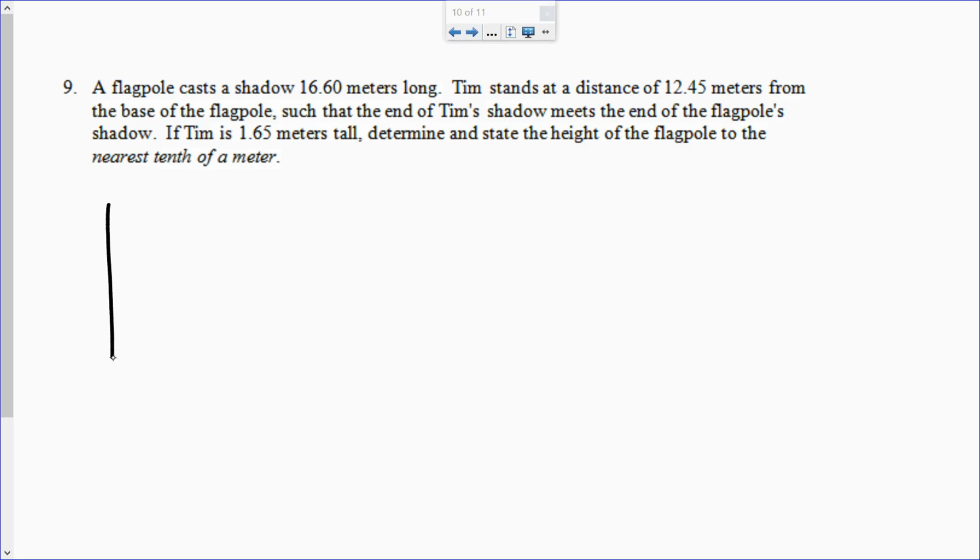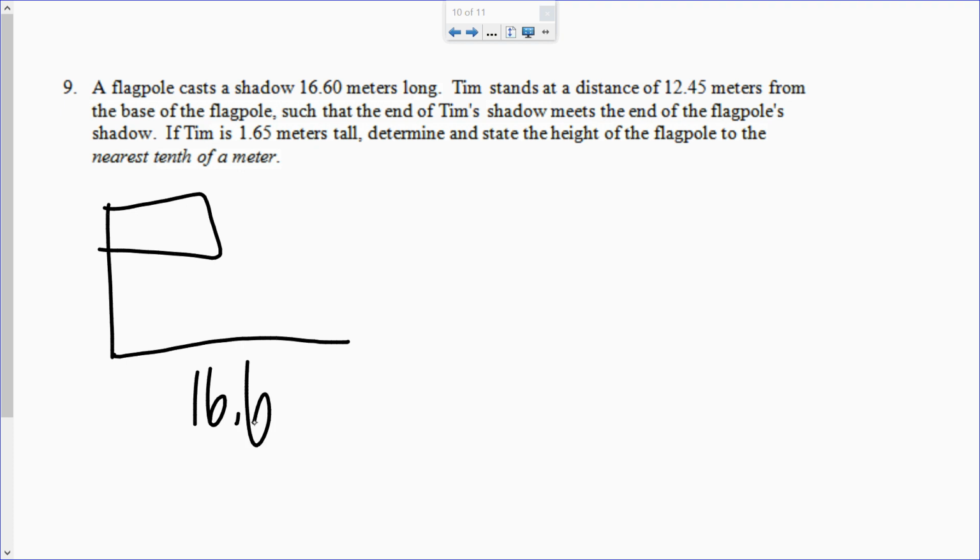So, here's my flagpole. You see shadows on the ground. So, the shadow is right there. That's going to be 16.6. Tim stands at a distance 12.45 meters from the flagpole, such that the end of Tim's shadow meets the end of the flagpole shadow.